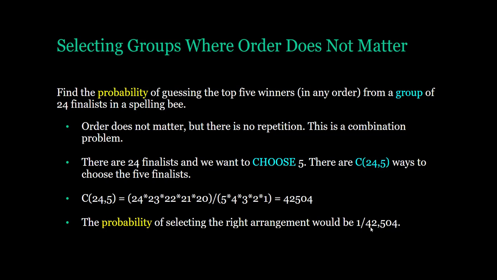So 1 divided by 42,504. Your computer for MyLab Math is going to ask you to simplify those. If you have a complicated answer, be sure to simplify it before entering it. But usually they'll give you a little warning there before your last submission. So this would be how to find that probability.